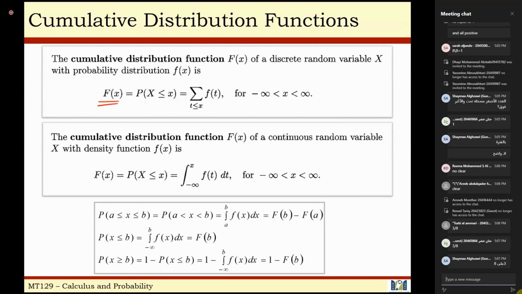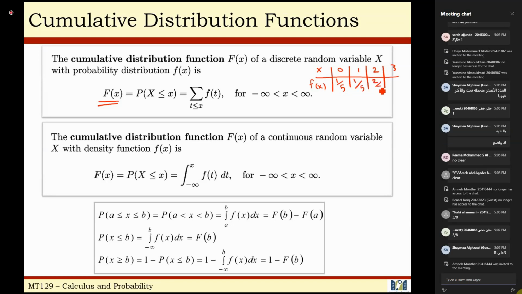For example, if we have the mass function, x and f of x like this: 0, 1, 2, and 3, with 1 over 5, 1 over 5, 2 over 5, 1 over 5. So this is the mass function.